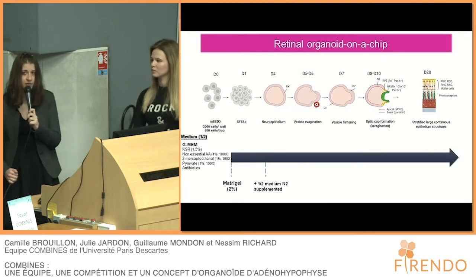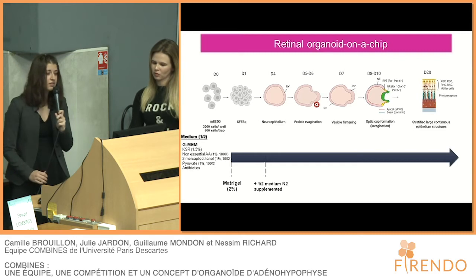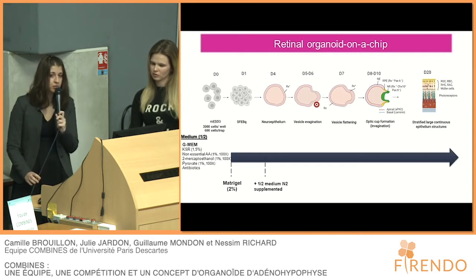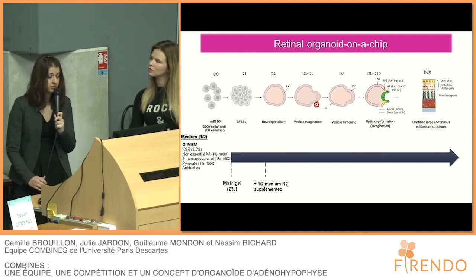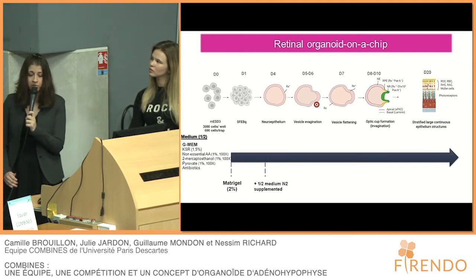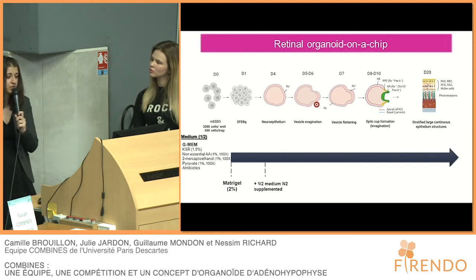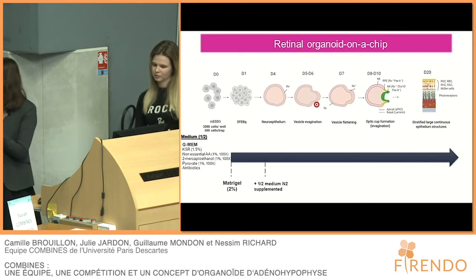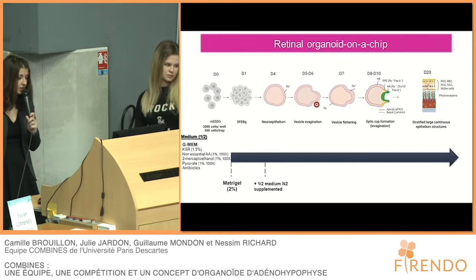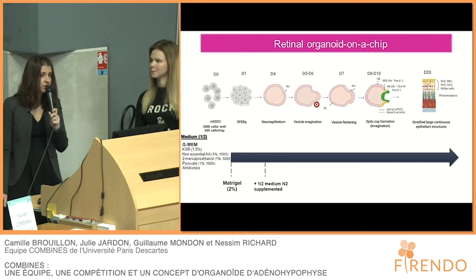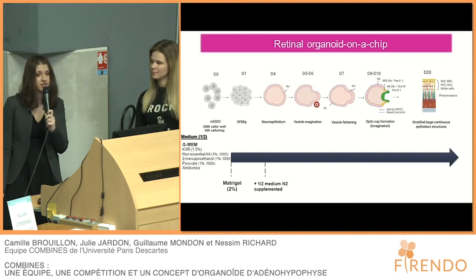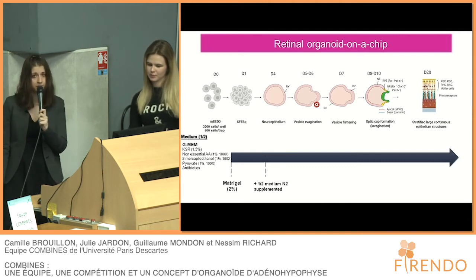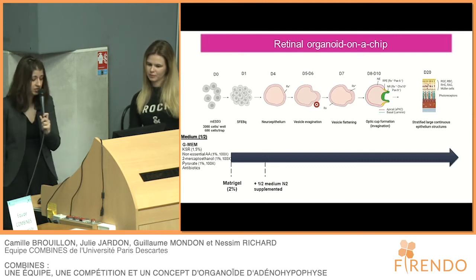So to validate our microfluidic model, we use a simpler and quicker organoid model, which is the retinal model, because we can see the first structures of differentiation at day 20. So we use mouse embryonic stem cells, line D3. We use 3,000 cells per well in a 96 well plate and 600 cells per trap in a microfluidic chip.